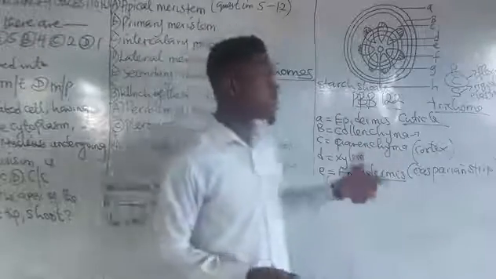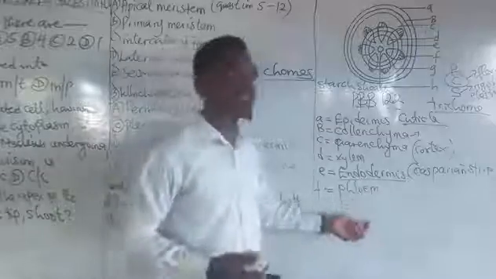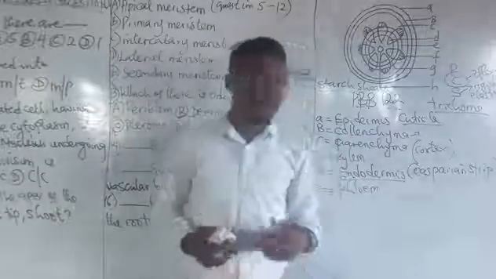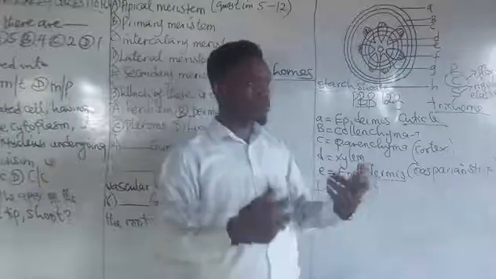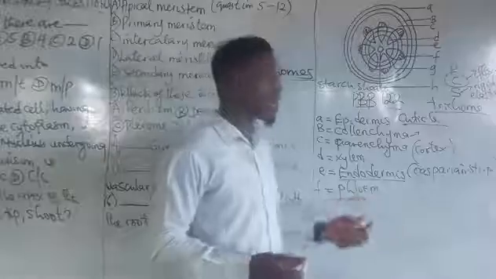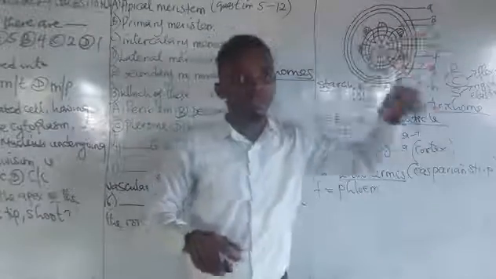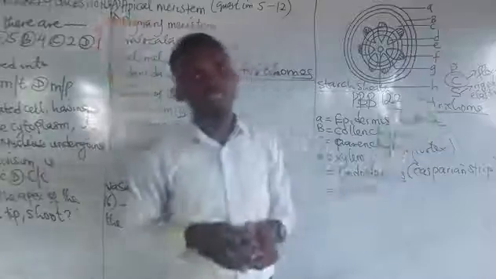When manufactured food is carried by this phloem, it's called what? Translocation. Of course, xylem is responsible for the conduction of water and dissolved nutrients, but the phloem carries manufactured food from the point where it has been manufactured to other points where it is needed by the plant.